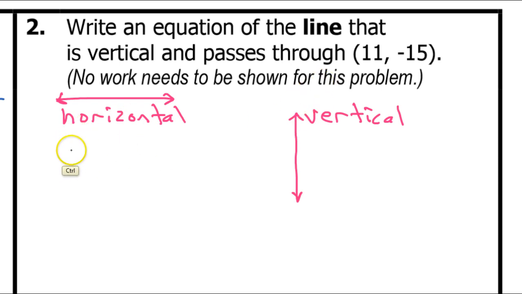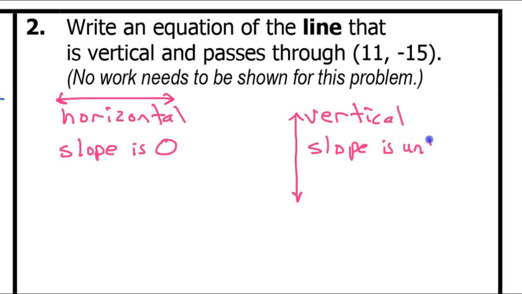Second of all, let's talk about slope. The slope of a horizontal line is always 0. Okay, always. For a vertical line, the slope is undefined. Okay, we just have to go ahead and memorize this.